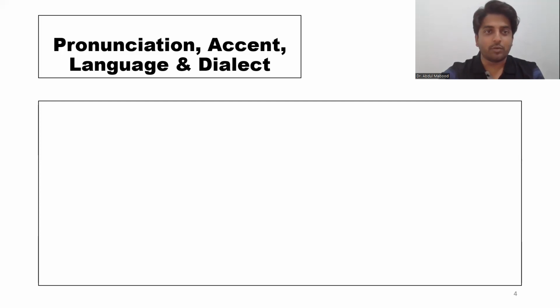The first one is pronunciation, then accent, then language, and dialect. Maybe you have some idea, or maybe you have a very clear idea, but again I'm repeating that these four things are very different. What is pronunciation?